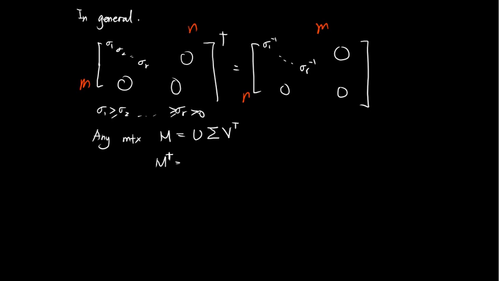And to do the transpose, you need to do the V sigma dagger and U transpose. Okay, forget about this part, I'm not quite sure about this part. But in general, you can find the pseudo inverse by using the singular value decomposition.